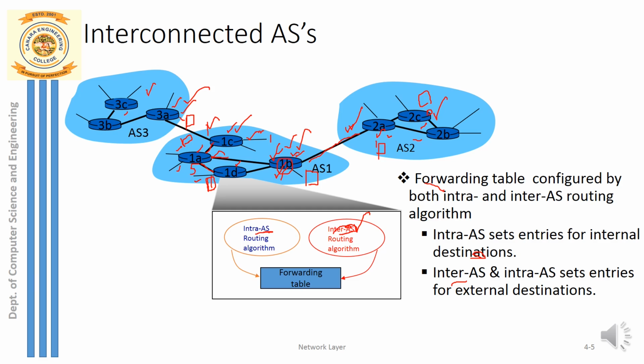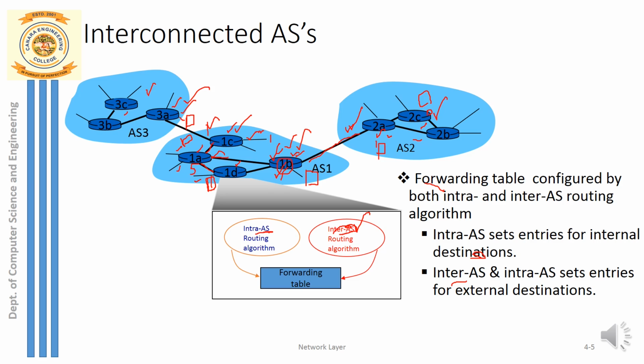So will 2A know about the destination 2C? Definitely it will know. So that information will be shared with the gateway router 1B, and once gateway router 1B gets to know about that reachable destination, 1B will propagate that information to all the routers inside this AS1.